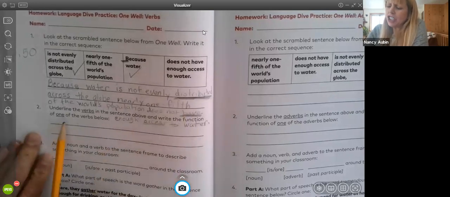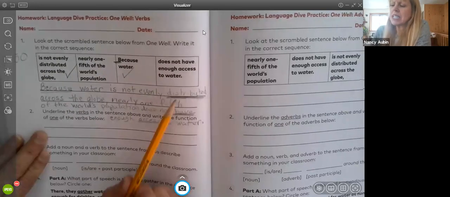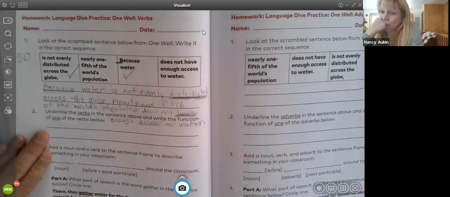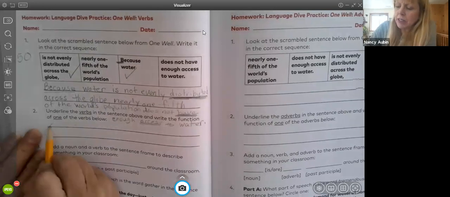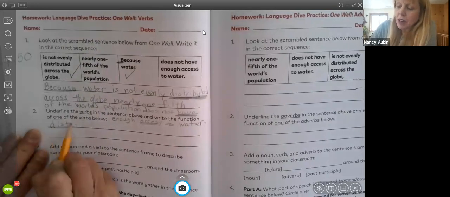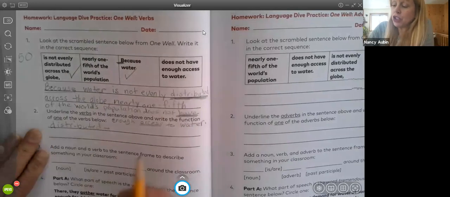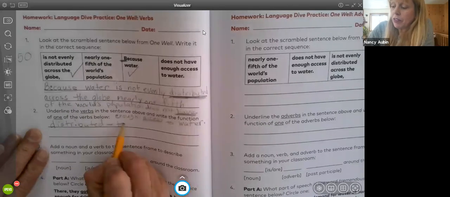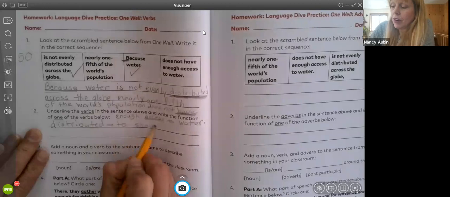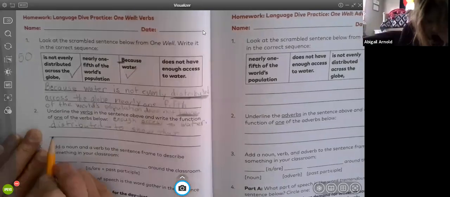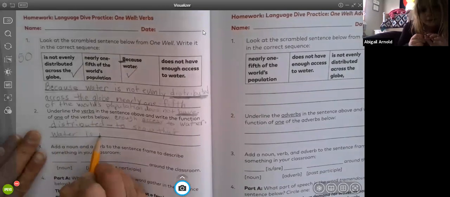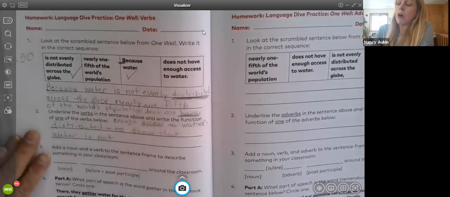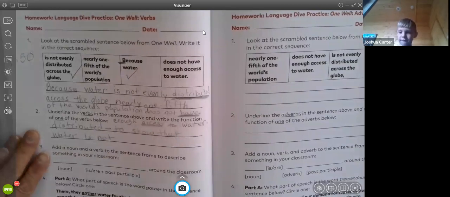What is the function of distributed? What does that mean? So let's write distributed. The function of that is to show what? It shows that water is not what? What do we say when we distribute something?